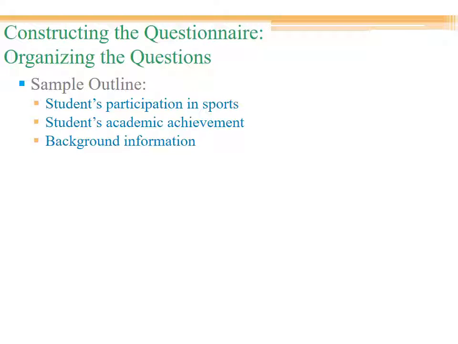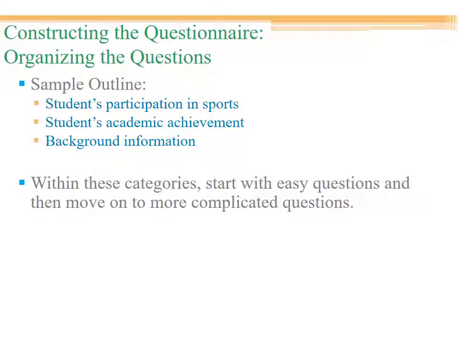And lastly, we would end with background information, such as age, gender, race, and so on. It's always a good strategy to place background information last. Within these categories, start with easy questions and then move on to more complicated questions.